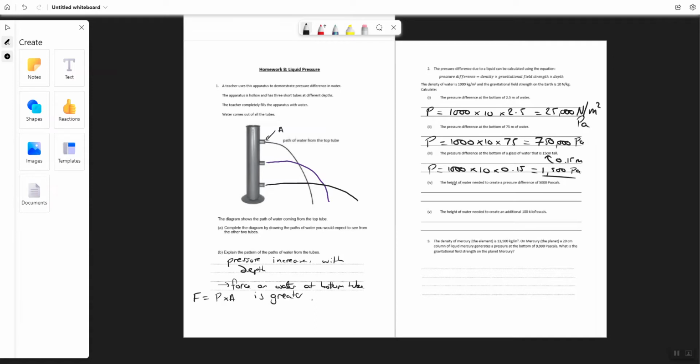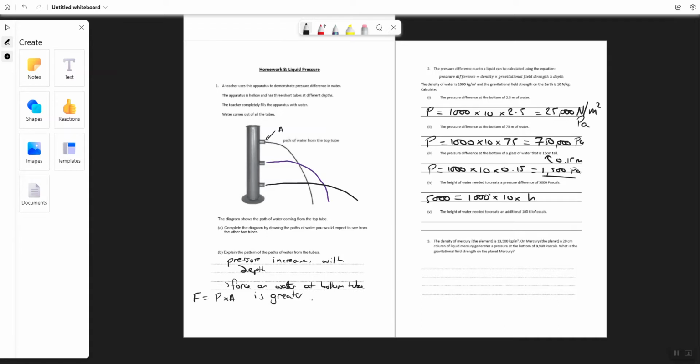The height of water needed to create a pressure difference of 5,000 pascals. So this is where we suddenly have to rearrange this one. What we end up with there is we have height of water needed. So we've got 5,000 is equal to 1,000, density of water, times 10 times the height.